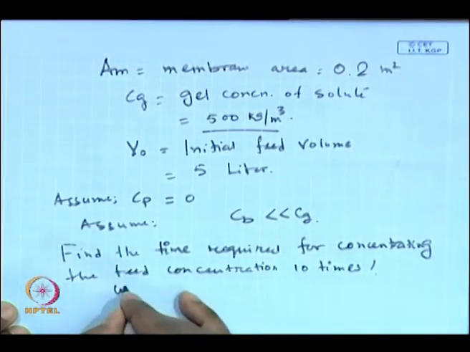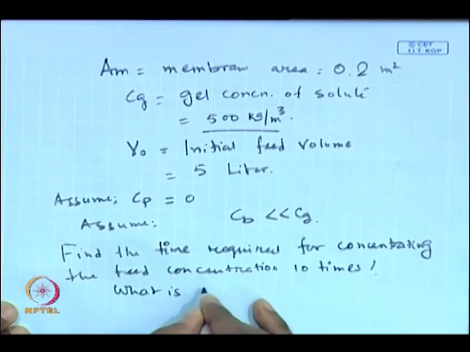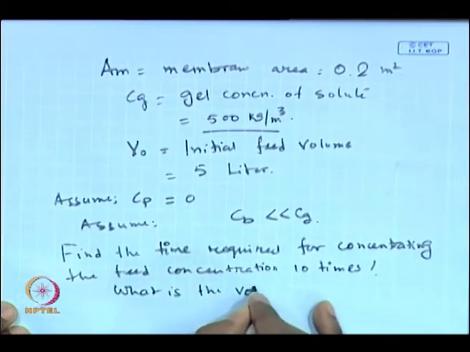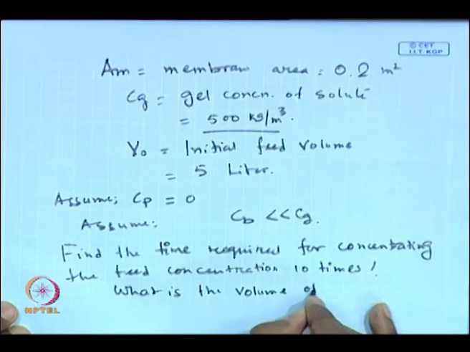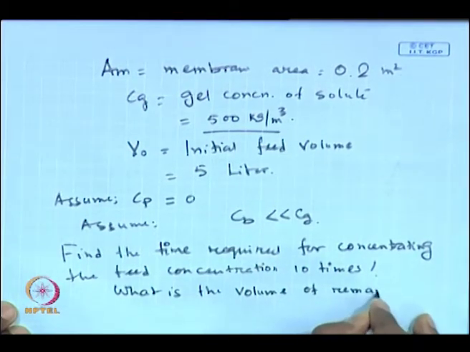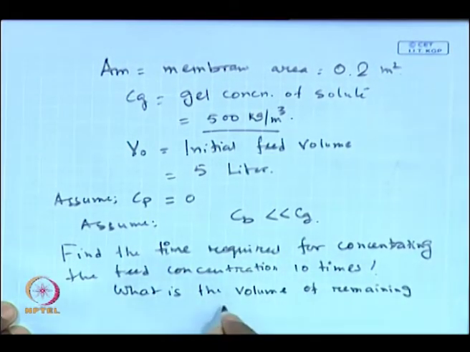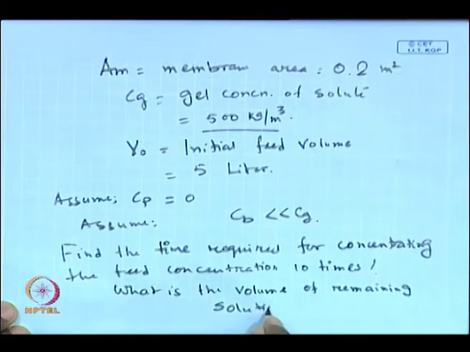Now, what is the volume remaining in the chamber? Volume of remaining liquid, remaining solution. In feed, we started with 5 liter of solution. What is the volume of the feed liquid that is remaining in the feed chamber? So, that is the question.